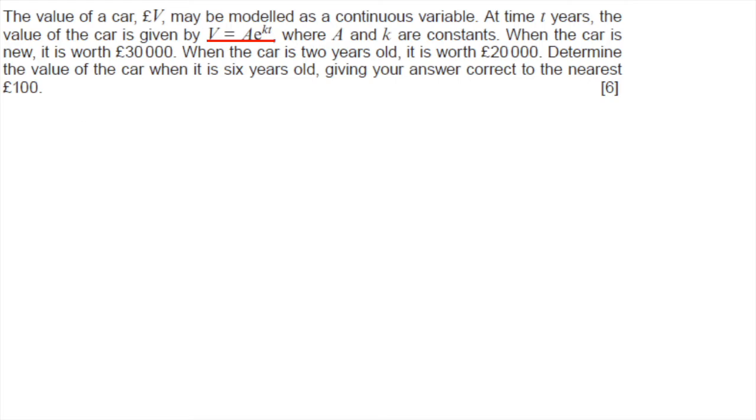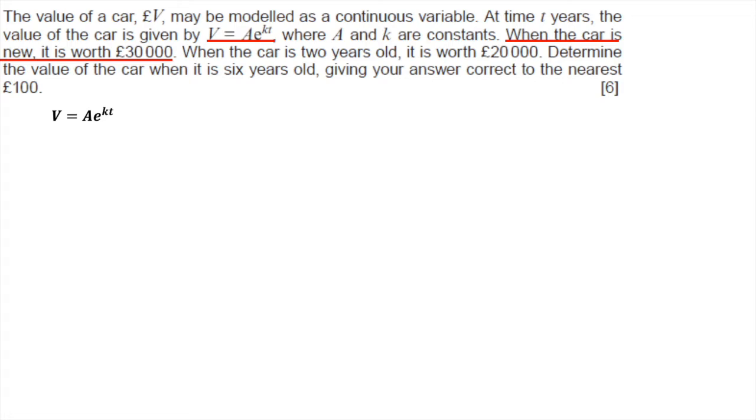First thing I'm going to do is write down the formula: v = a e^(kt). The next part of the question did give us some information. It said when the car is new, it is worth £30,000. So when the car is new, the time is equal to 0, the initial value of the car.